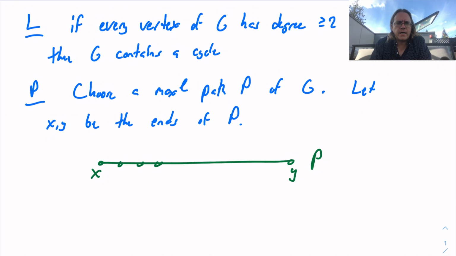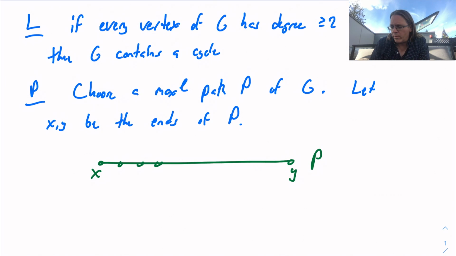Now I want to look at those two vertices, x and y. As we discussed in the problem session earlier this week, there's a nice feature that the ends of your maximal path have. So here my ends are x and y.